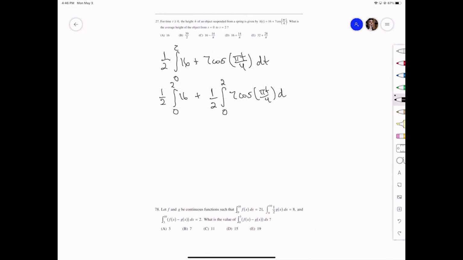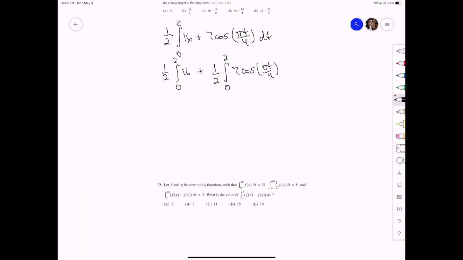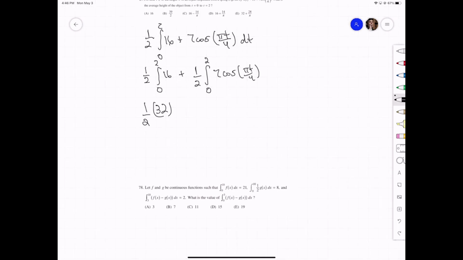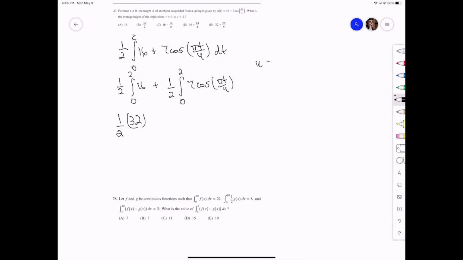Okay, so for this one, it's just 32. But for this one, you have to do u sub. So u is equal to pi over 4 t, du equals pi over 4 dt. dt is equal to 4 du over pi.